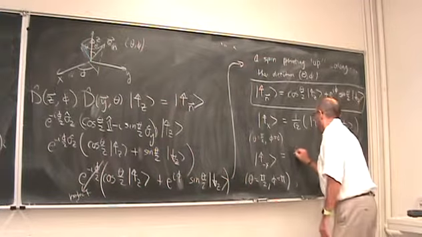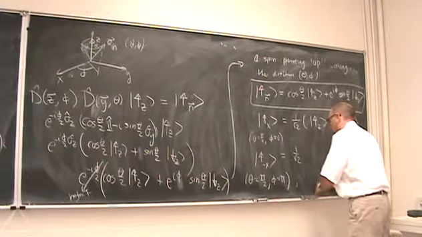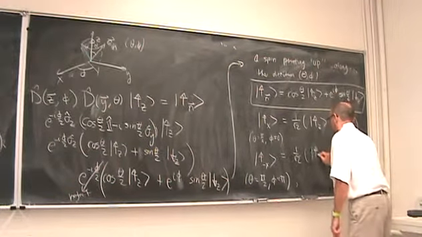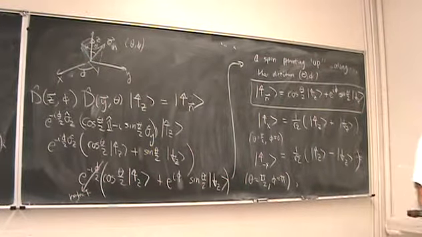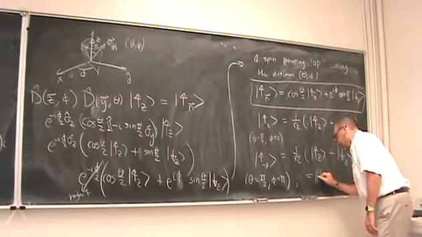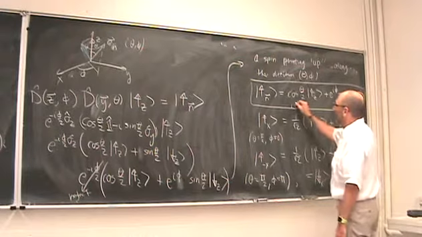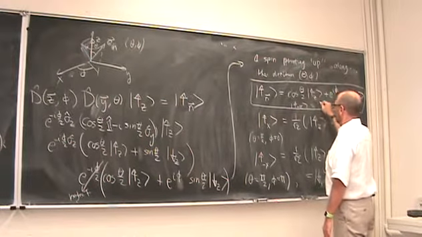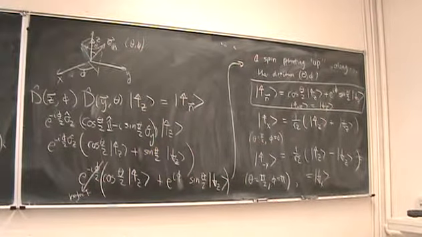Which is equal to 1 over root 2, the same thing, but now this is e to the I pi, which is minus 1. Which is also known as spin down along x. All right? So it's always the case that spin up along minus the direction is equal to spin down along that direction. Spin up along minus z is spin down along z. Right?